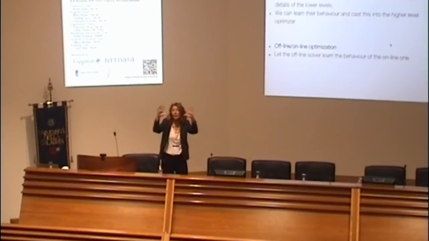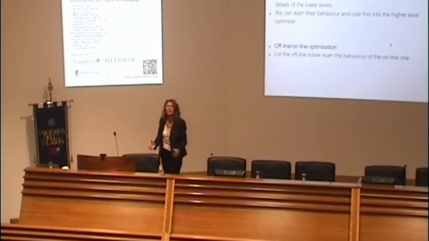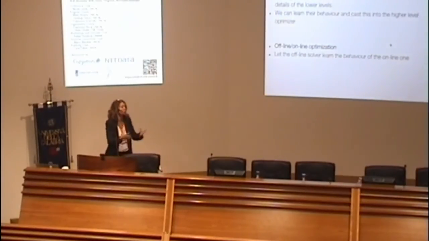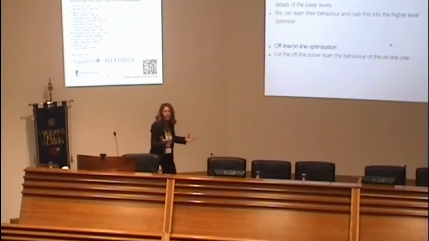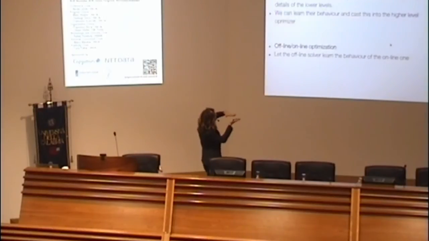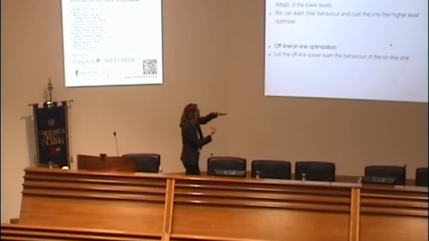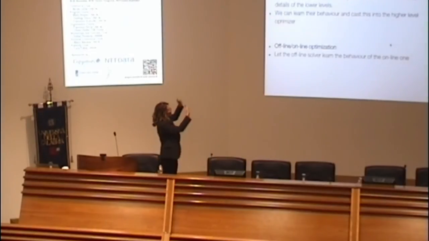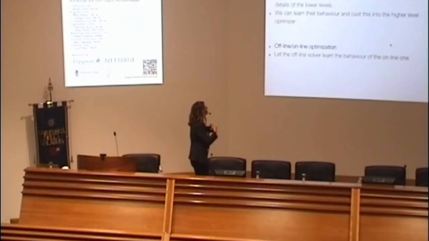Having a unique model of the overall system can be infeasible, impractical, not computationally affordable. So we can use empirical model learning for learning the behavior of optimization components, and then cast these components into a higher-level model.